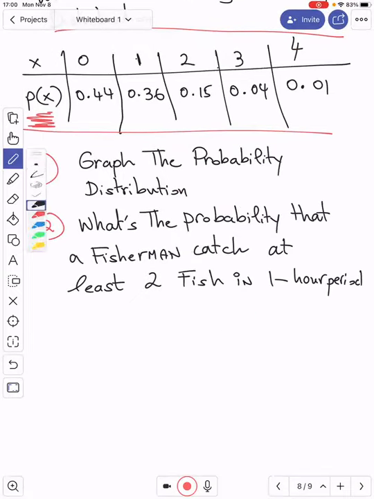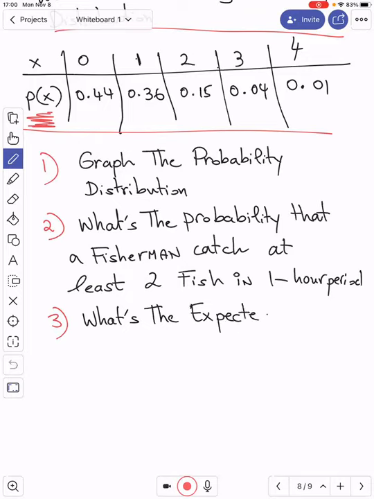Three, what's the expected number of fish caught by a fisherman?